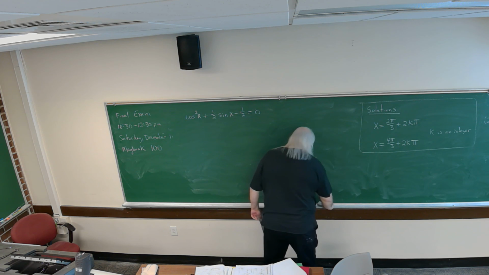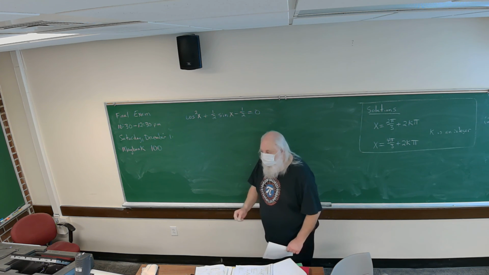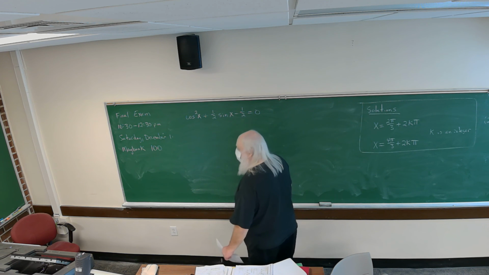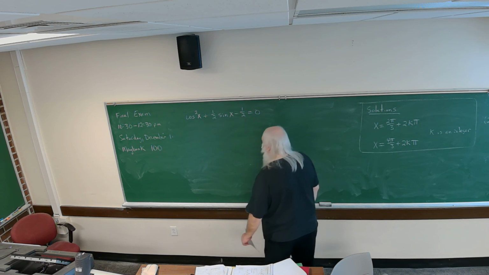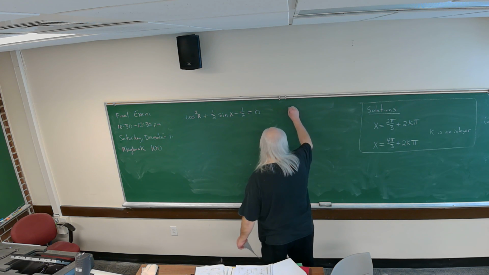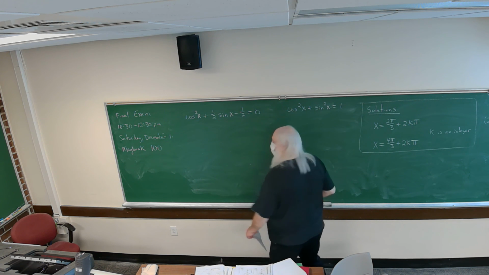Would you use cosine x squared plus sine x squared equals 1, and rearrange that? Yep. To solve for cosine x squared and substitute in sine x squared. So Brian's on the right track. We have the Pythagorean identity, cosine x squared plus sine x squared is equal to 1, right?